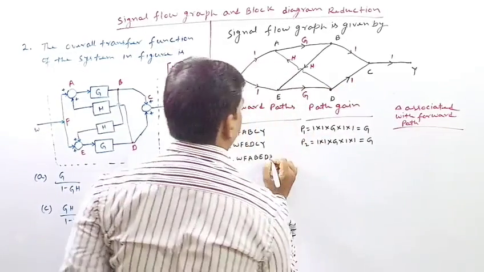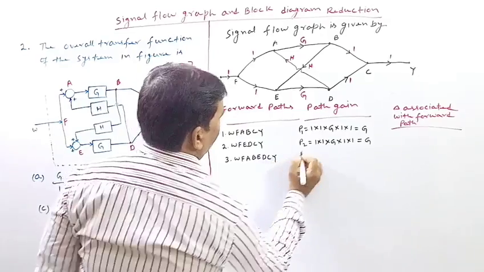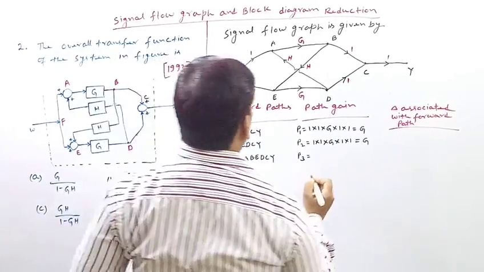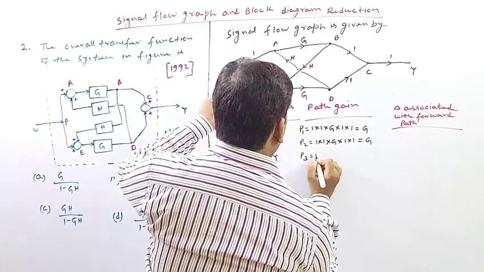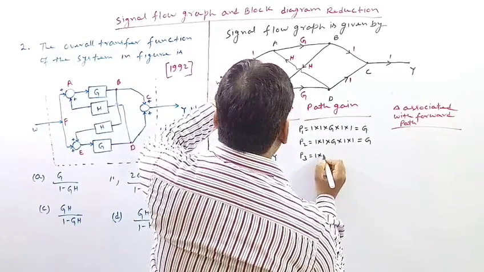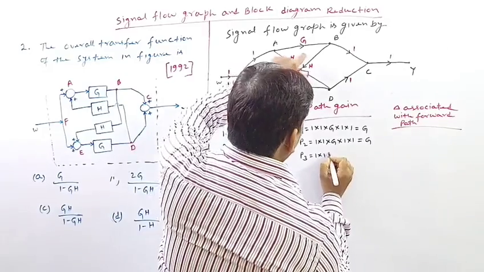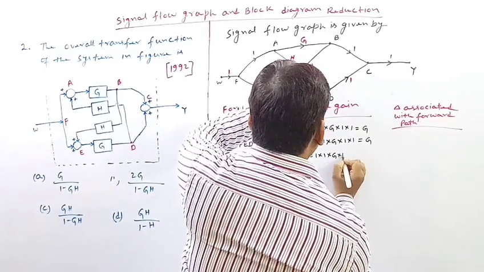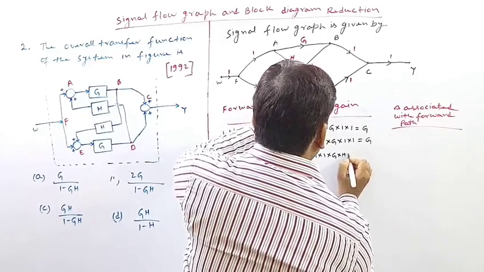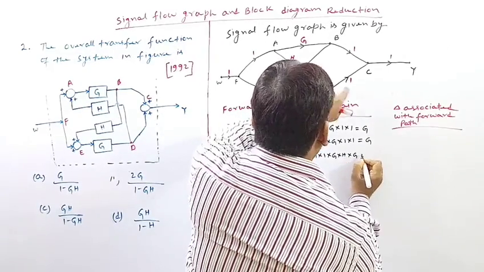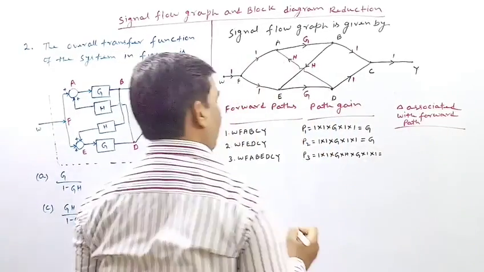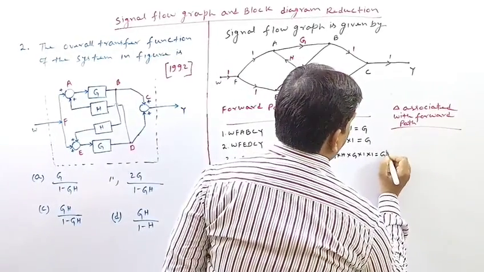Now let us denote its path gain as P3. So what will be P3? P3 will be nothing but 1 multiplied by 1 multiplied by G multiplied by again H multiplied by G multiplied by 1 multiplied by again 1. So it will be G square H.